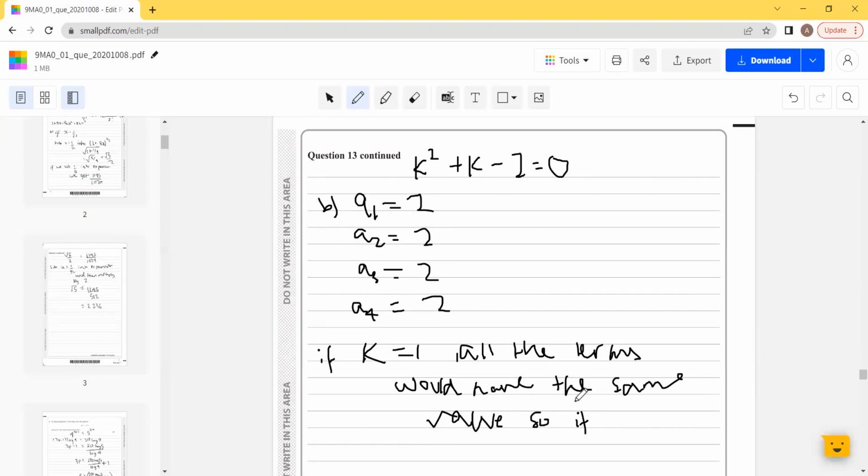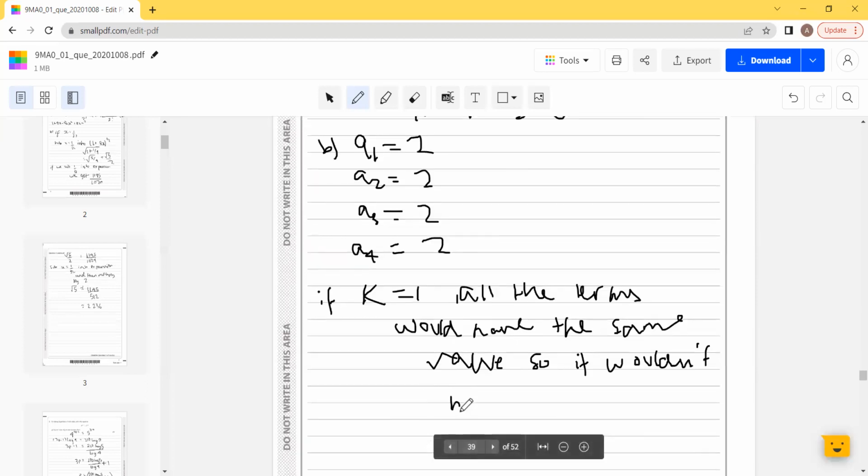That's basically what we can say. If they're not all the same, it could be periodic, but since all of the values when k is 1 are equal to 2, we can say it wouldn't be periodic. And that's our reasoning for why it can't be equal to 1.